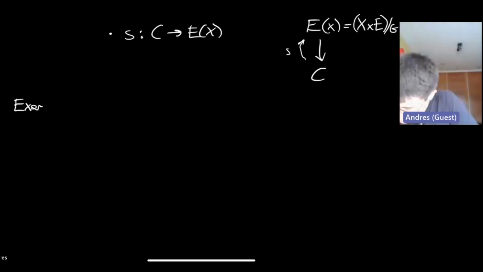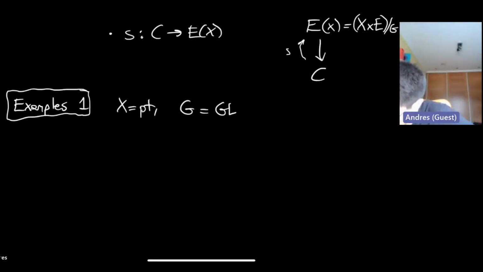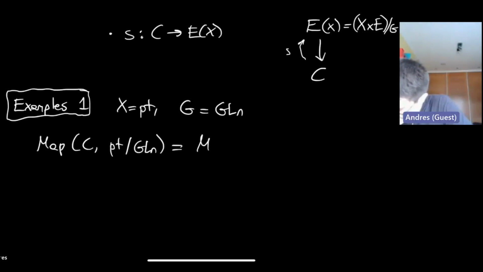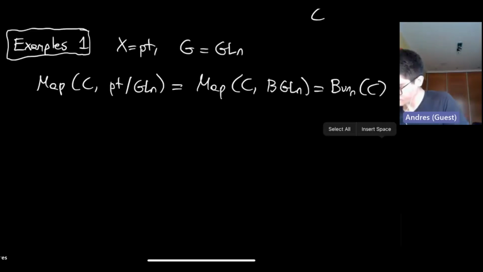Let's look at some examples to motivate what I'm going to say. One of the simplest examples is when X is a point and G is just the general linear group GL_n. In that case, a map from C into point mod GL_n is the same thing as a map from C into the classifying stack, and that's just the stack of rank n vector bundles on C. So it classifies vector bundles of rank n.